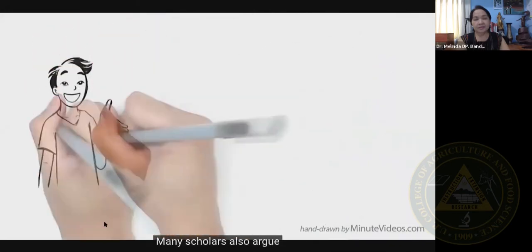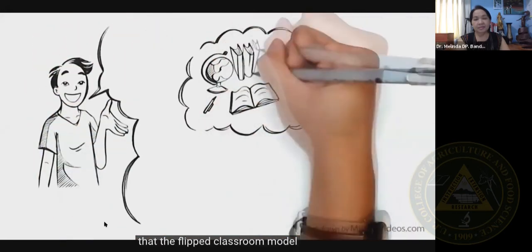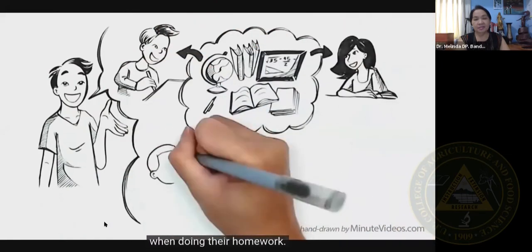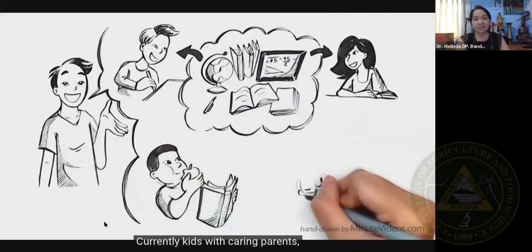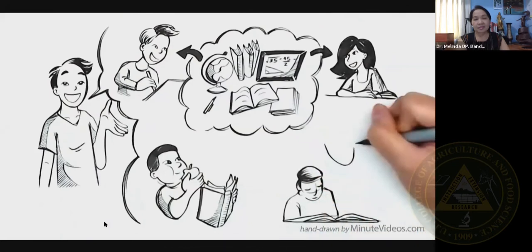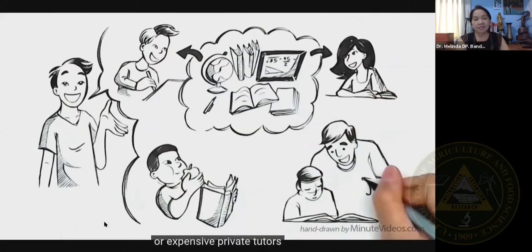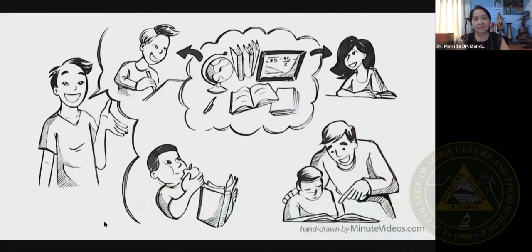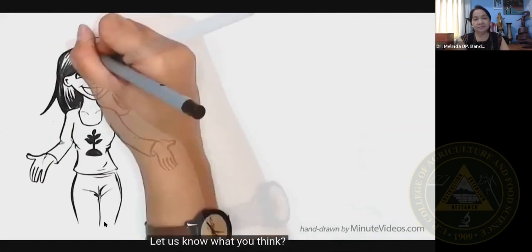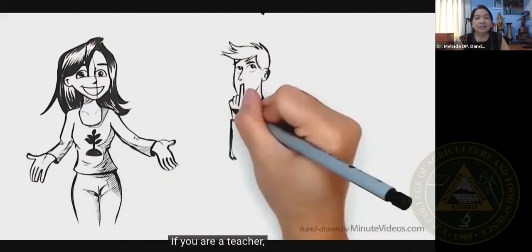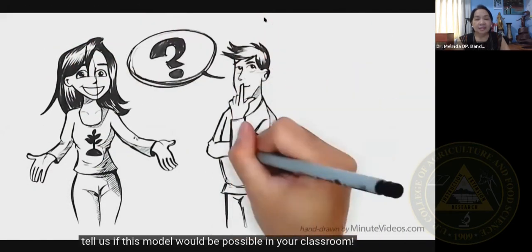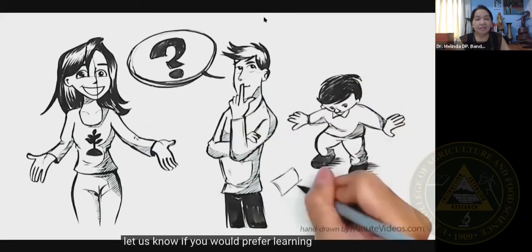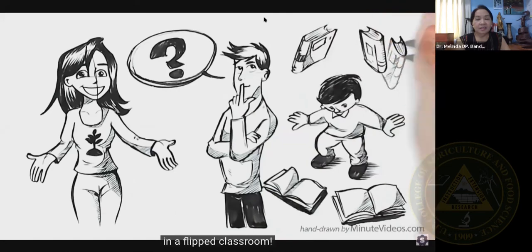Many scholars also argue that the flipped classroom model promotes equal learning opportunities, as all kids get the same attention when doing their homework. Currently, kids with caring parents, older siblings at home, or expensive private tutors have a clear advantage over those who don't. Let us know what you think. If you were a teacher, tell us if this model will be possible in your classroom. If you were a student, let us know if you would prefer learning in a flipped classroom.